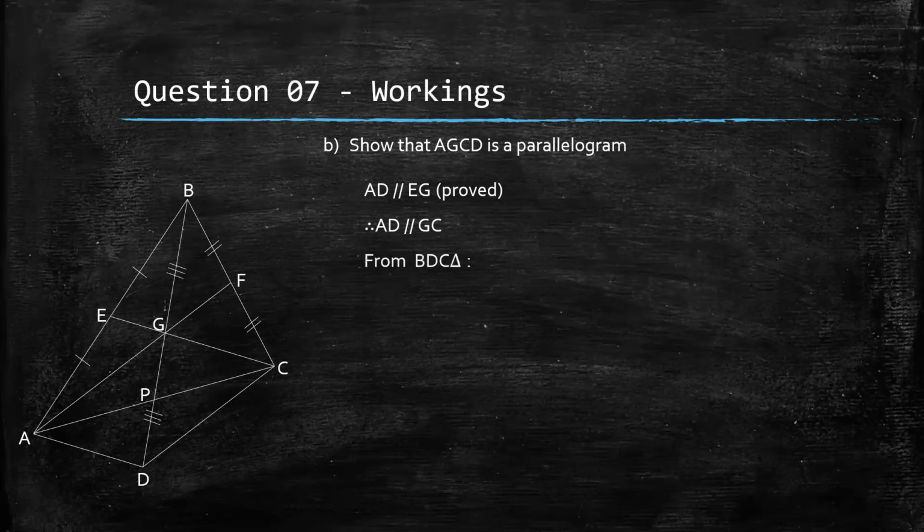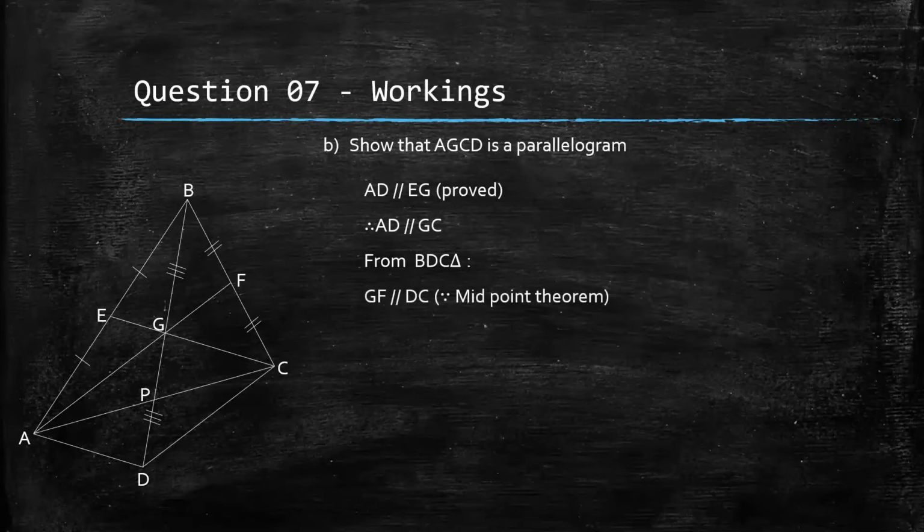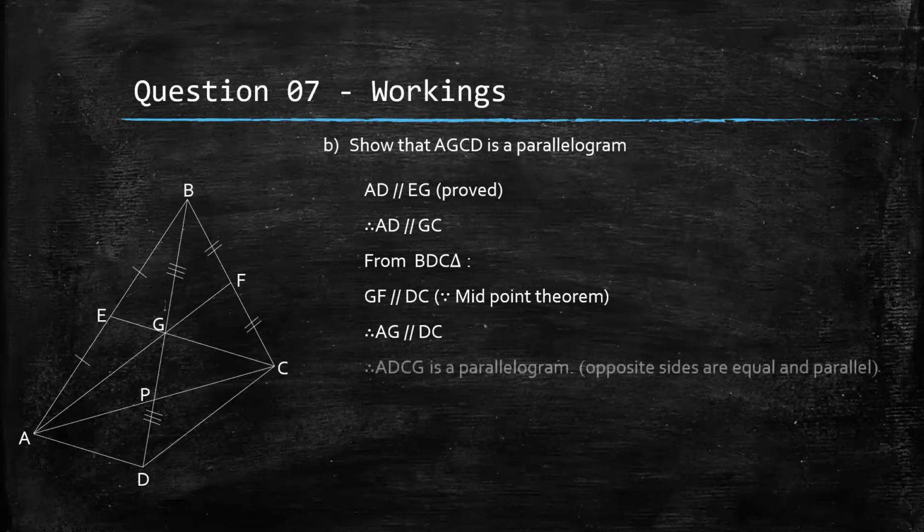Then from triangle BDC, GF is parallel to DC, which we have taken by the midpoint theorem. Therefore AG is parallel to DC. So ADCG is a parallelogram because opposite sides are equal and parallel.